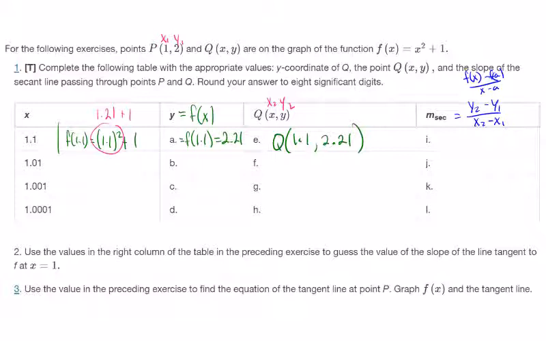So this would be x and f of x, and this would be a and f of a. All right, so I'm going to plug this into the formula: 2.21 minus 2 over 1.1 minus 1. All it is is this minus this on top, and on the bottom this minus this.